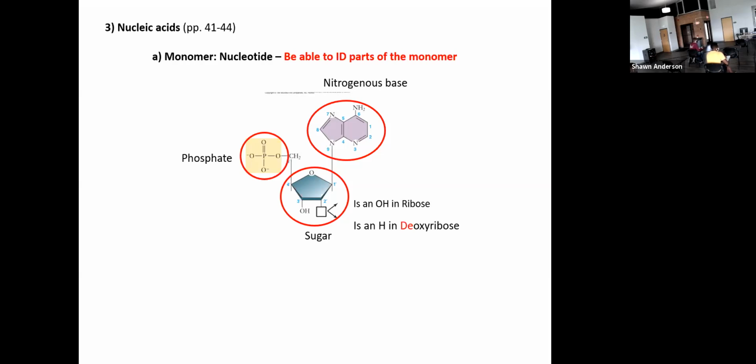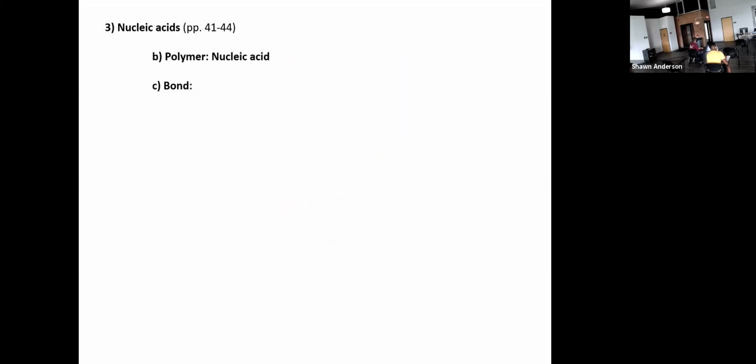Who's heard of deoxyribose? Where do we find that? DNA, deoxyribonucleic acid. And if it's a hydroxyl, what's it in? RNA, right? Ribonucleic acid. Okay. That actually makes some sense.